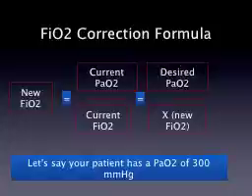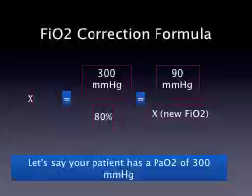This would be a pretty drastic change, but it's just to show you how the math works. So I'll put 300 millimeters on top. That's my current PaO2 divided by my current FiO2, 80%. That equals my desired 90 millimeters over X.